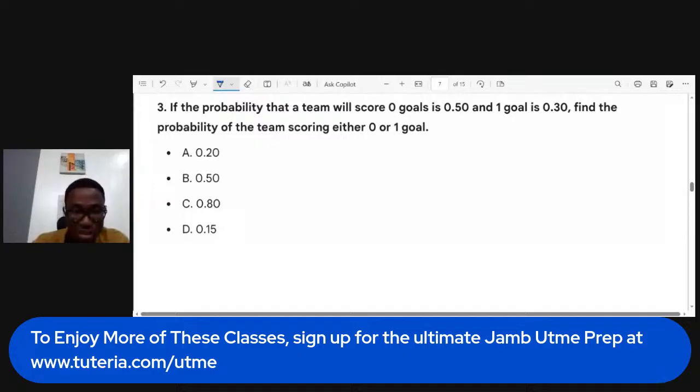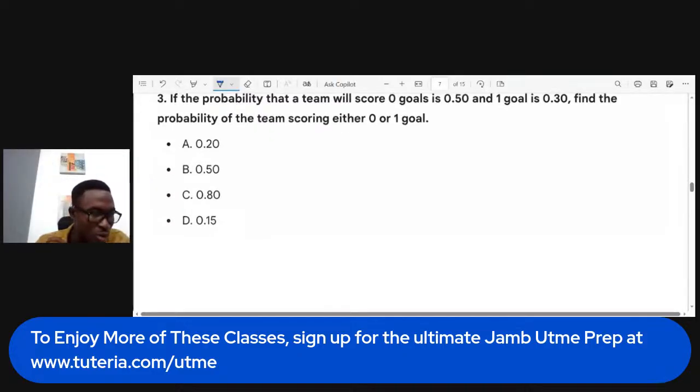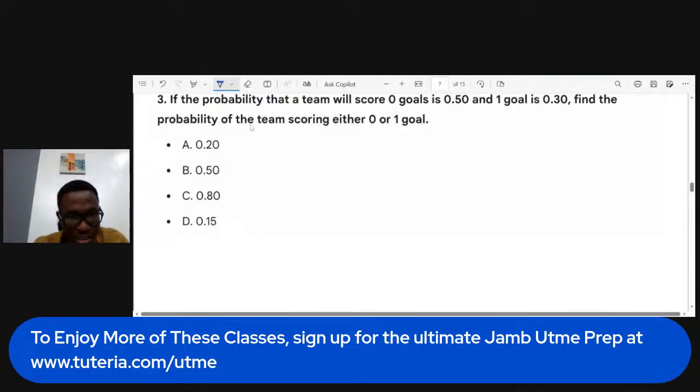So let's note it down. The probability that a team will score 0 goals, let's say the probability of 0 equals what? They've given us already. That's 0.5. The probability that they will score 1 is what? 0.3.